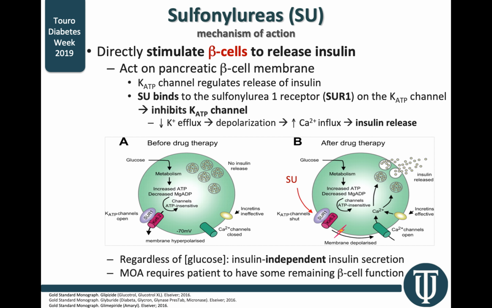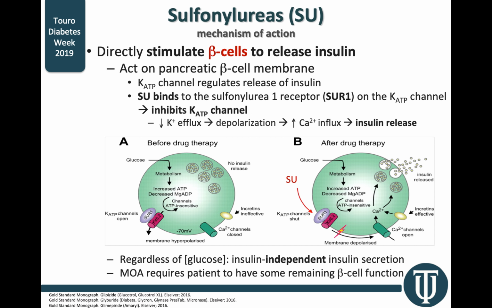And with depolarization, then we'll have more calcium ions coming into the cell. And do you remember the function of calcium ion in the cell? So they would bind to the vesicles, which have a lot of insulin molecules in there, to fuse with the cell membrane.